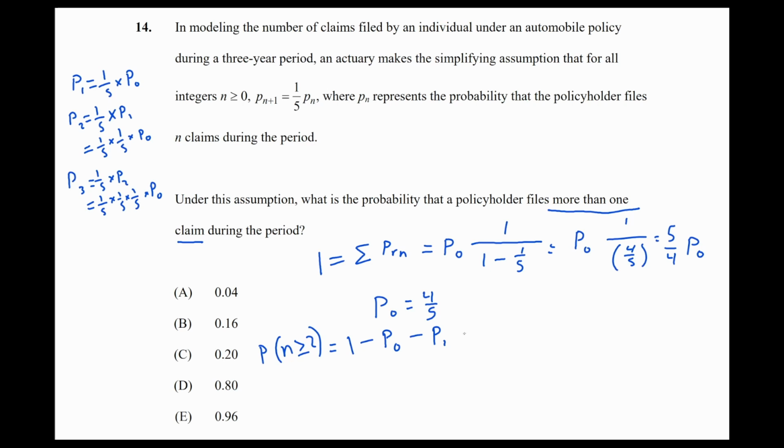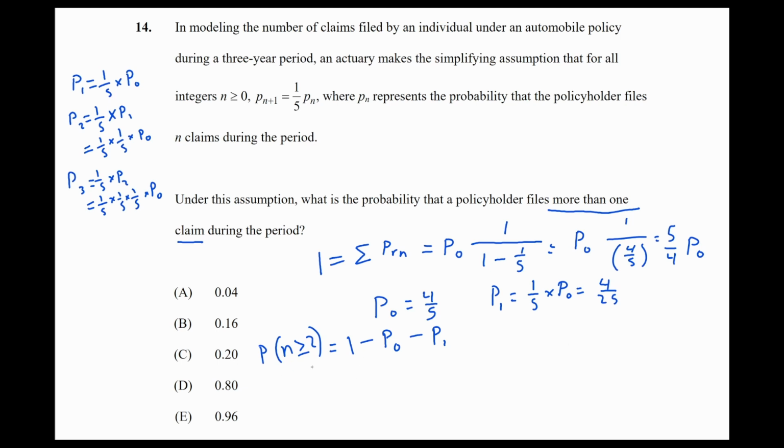Okay? So we know what the probability of 0 is. What is the probability of 1? So probability of 1 claim is going to be 1 over 5 times the probability of 0, which we know is 4 over 5. So probability of 1 claim is going to be 4 over 25.